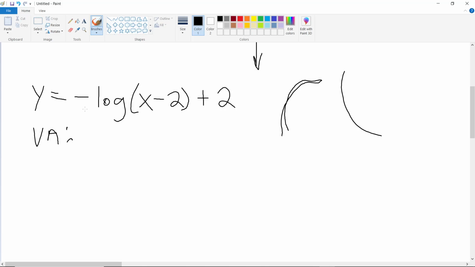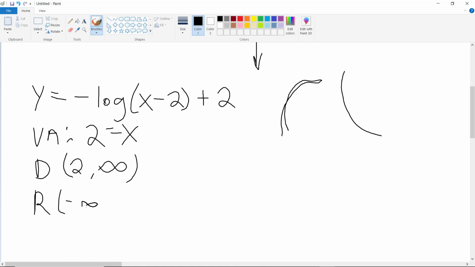Normally the vertical asymptote of the parent function is 0. This is 2 to the right, so this is x equals 2. The domain is 2 to infinity. The range, negative infinity to infinity. I forgot to put a base up here. Let's say this is log base 3.